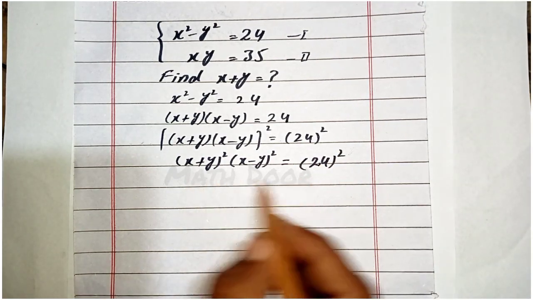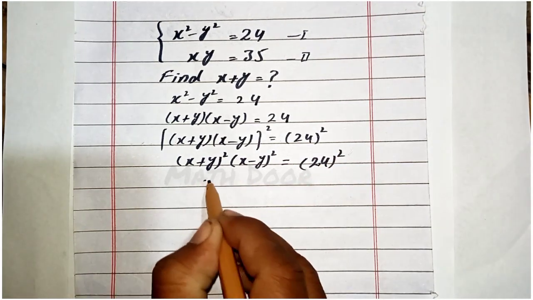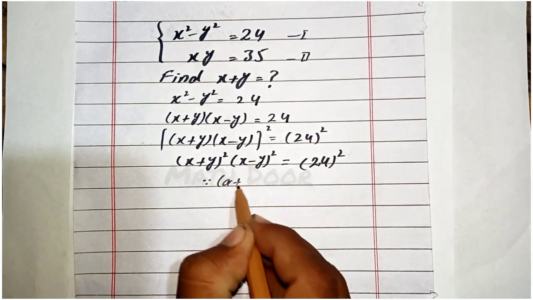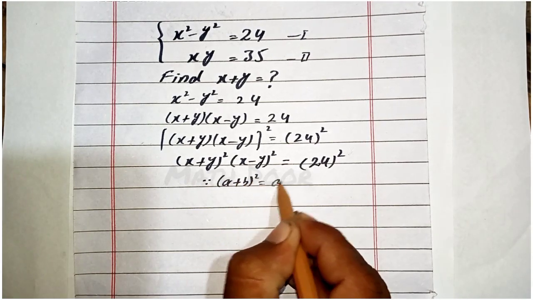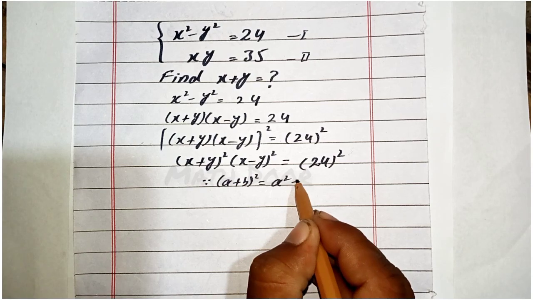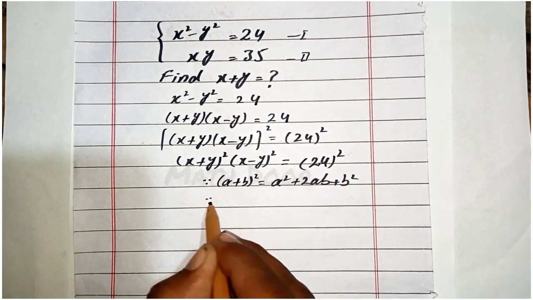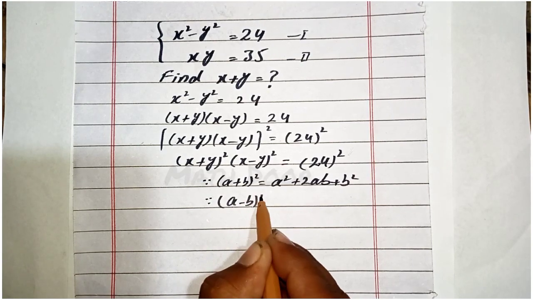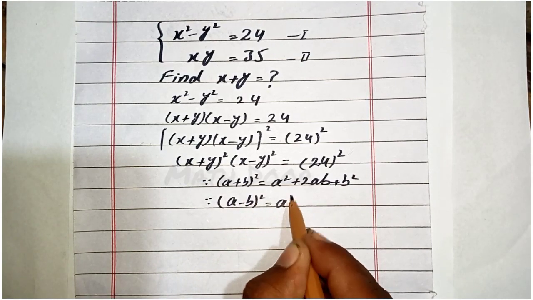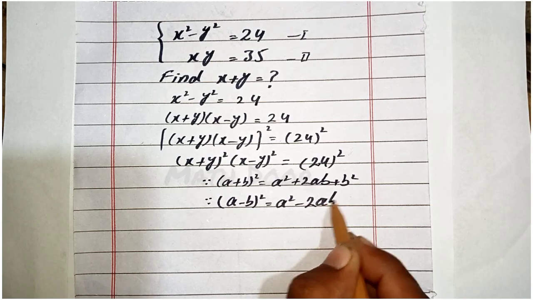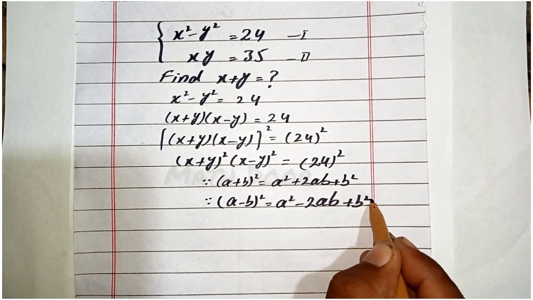Now we have two formulas like this. (a plus b) square would be equal to a square plus 2ab plus b square. Another formula, (a minus b) square is equal to a square minus 2ab plus b square.